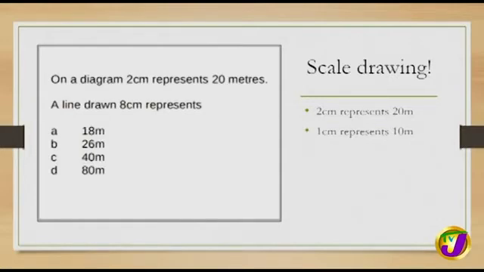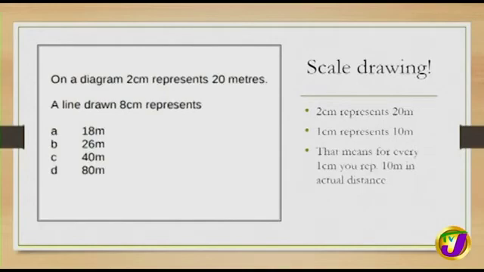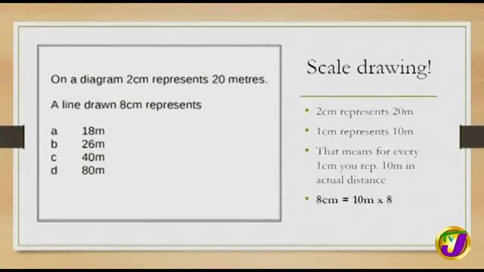So if 2 represents 20, 1 represents 10. Good. So we know that 1 centimeter represents 10. What does that mean though? It means that for every 1 centimeter that is represented on the diagram, it actually represents 10 meters in actual distance. All right. But they're not really asking you that.